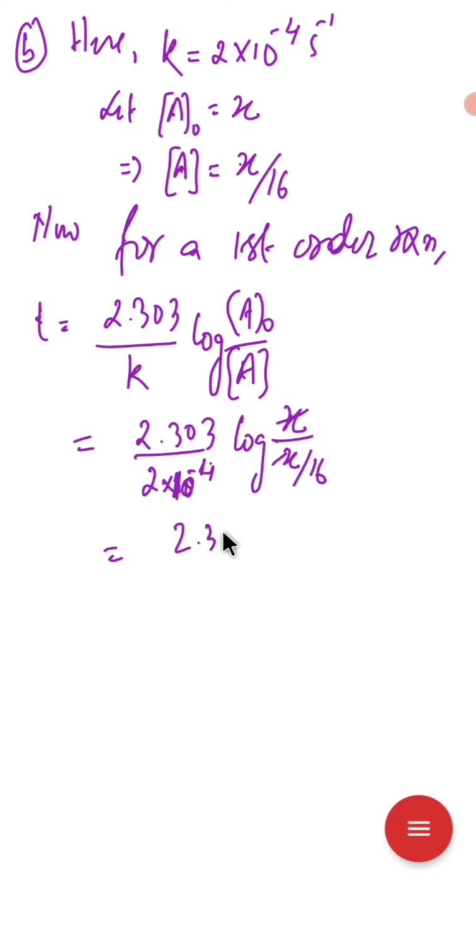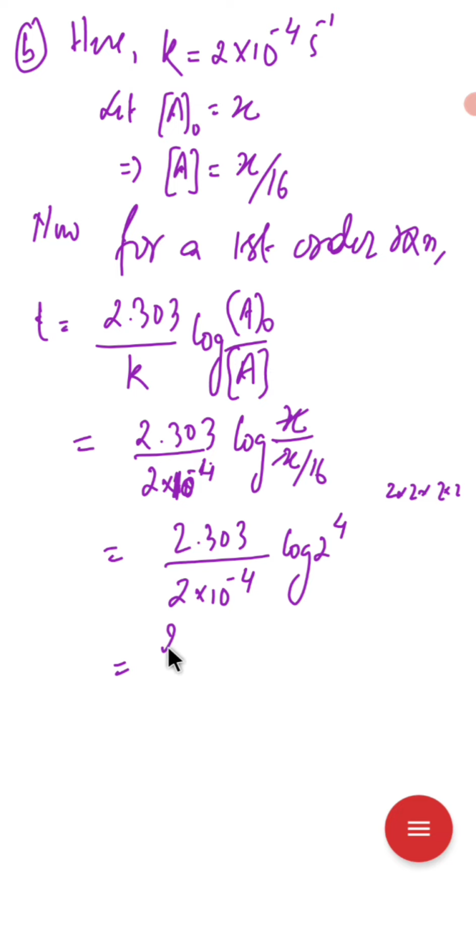this 2.303 divided by 2 into 10 to the power minus 4, log of 16. 16 is 2 into 2 into 2 into 2, means 2 to the power 4, right? So this 4 can come here. 2.303 divided by 2 into 10 to the minus 4.